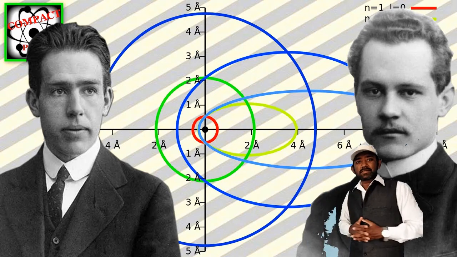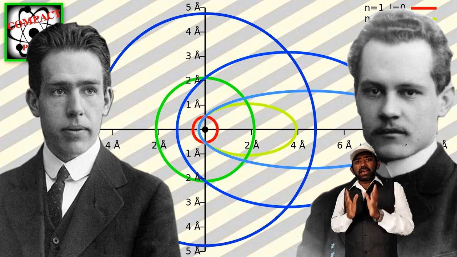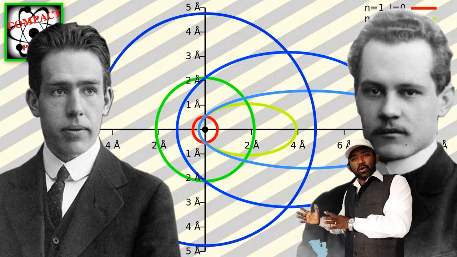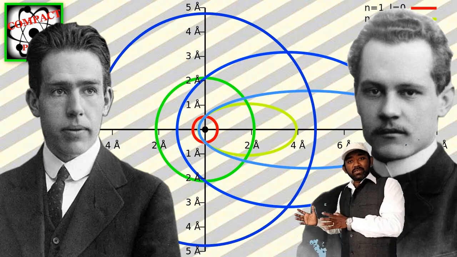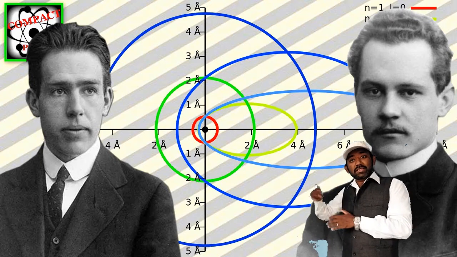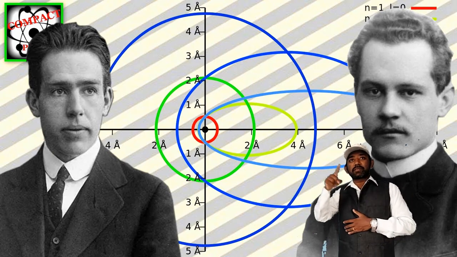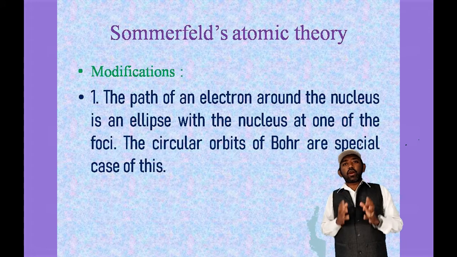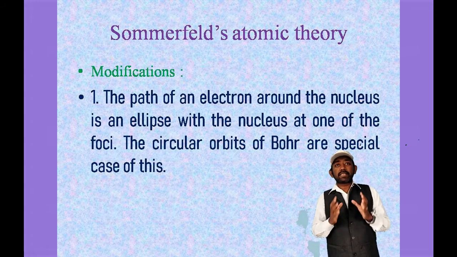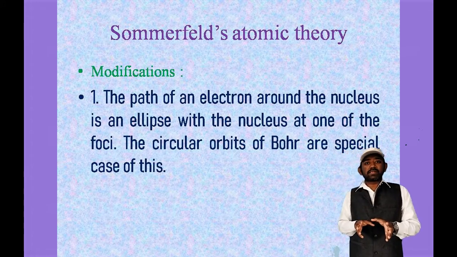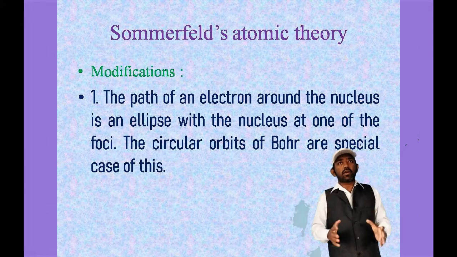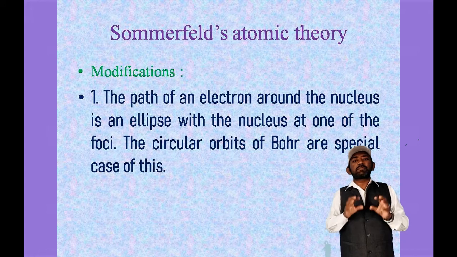The first one is that the electron revolves around the nucleus not in a circular orbit, but in an elliptical orbit. The path of the electron around the nucleus is an ellipse with the nucleus at one of its foci. The circular orbits of Bohr are a special case of this elliptical orbit.